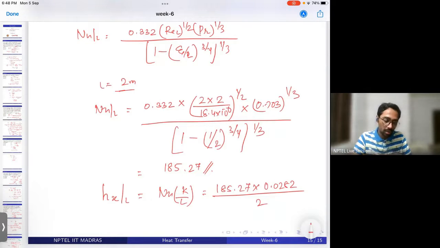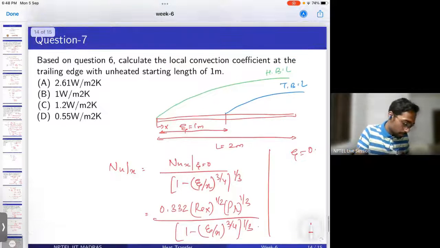So the answer comes out to be 185.27 into 0.0282 divided by 2, which is 2.61 watts per square meter Kelvin. So this is the answer.